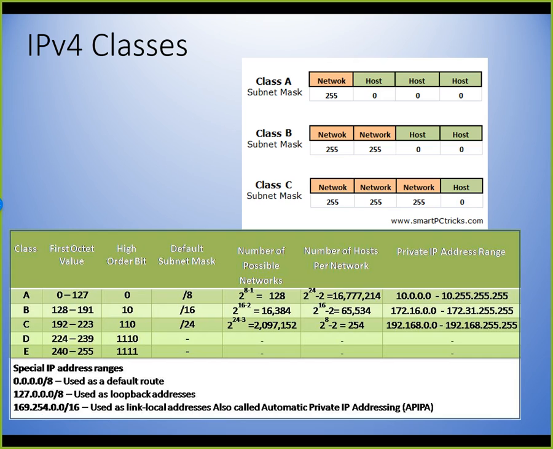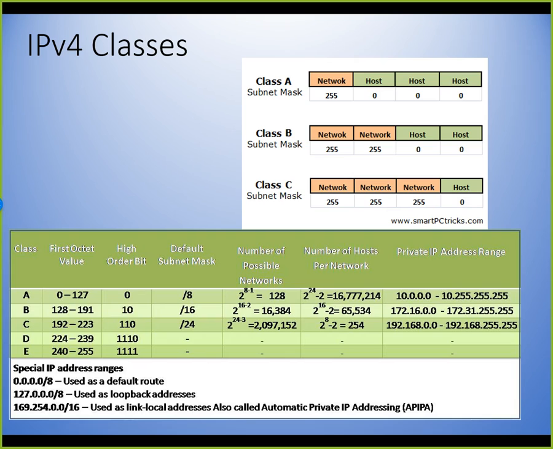The classes that we have, this one shows the classes along with the representation of the subnet mask. So the class A, network, and I spelled network wrong, it should be network.